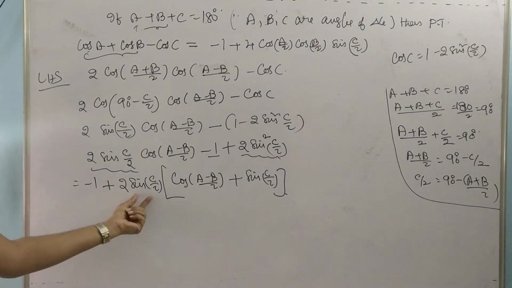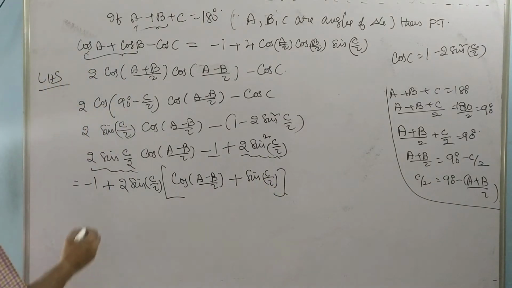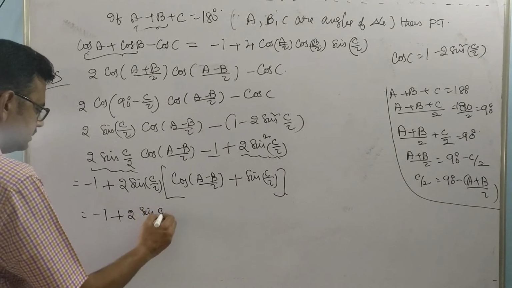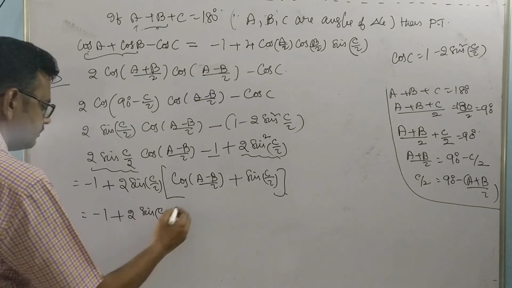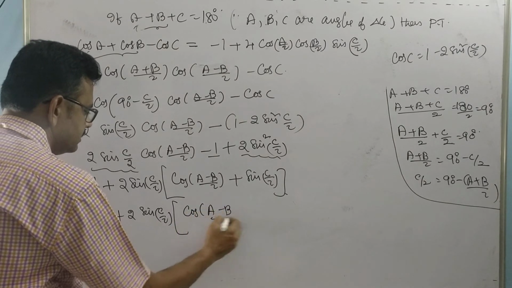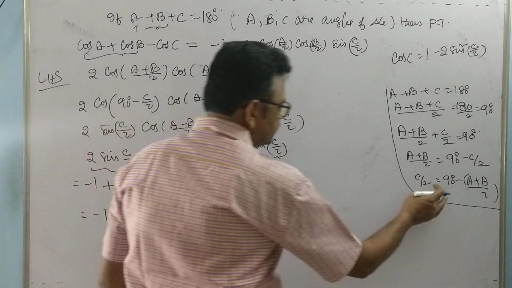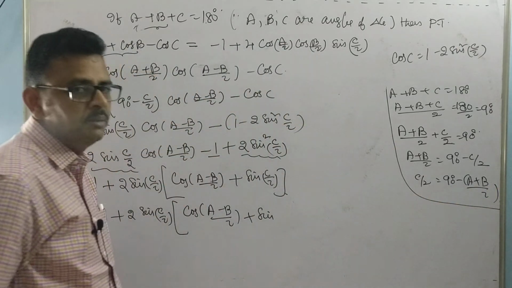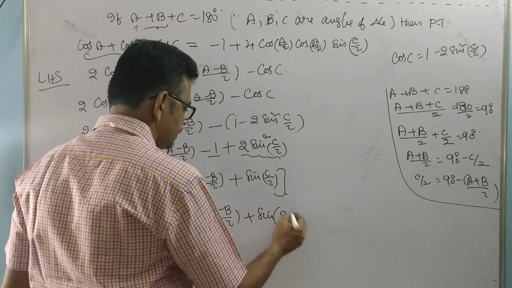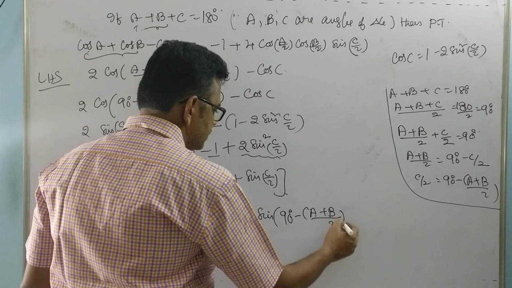So taking 2 sin C/2 common, only 1 sin C/2 is there. So minus 1 plus 2 sin C/2 of cos of (A minus B)/2 plus sin of, where C/2 equals 90 degrees minus (A plus B)/2.